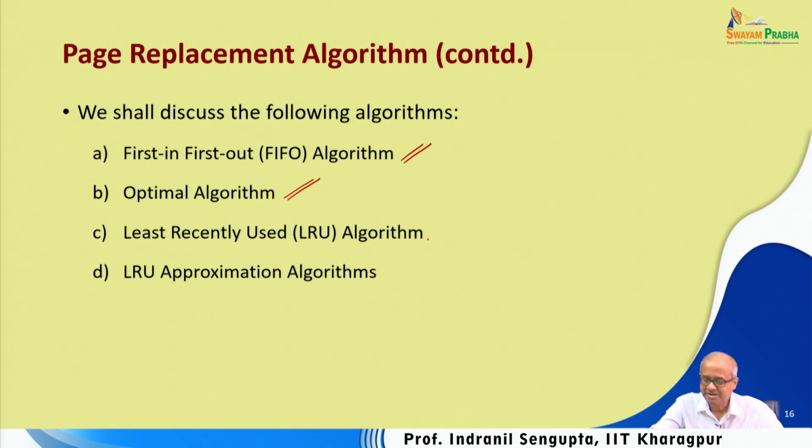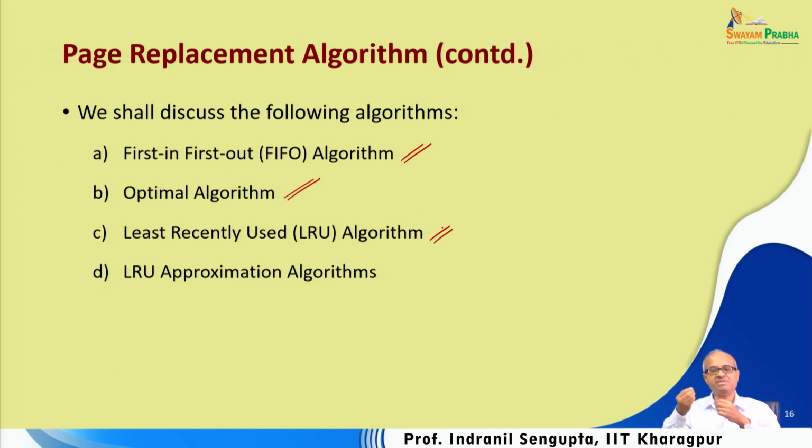Then you have an algorithm called least recently used. Least recently used means you cannot see the future, but you can predict the future. You are predicting the future based on the immediate past. What we are saying is, what happened in the past, the same pattern is likely to occur in the future as well.